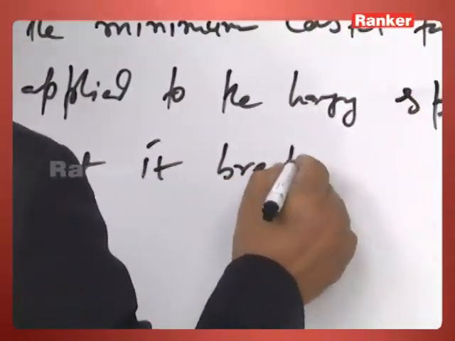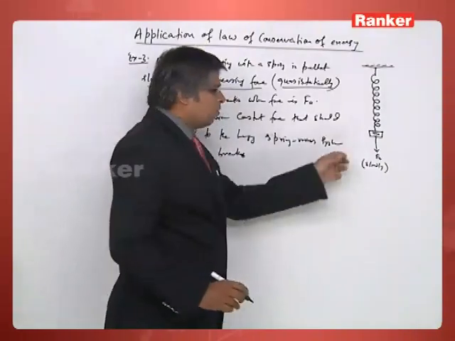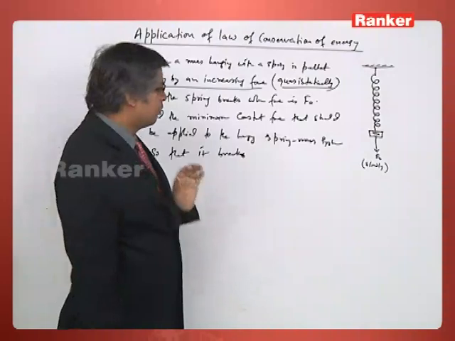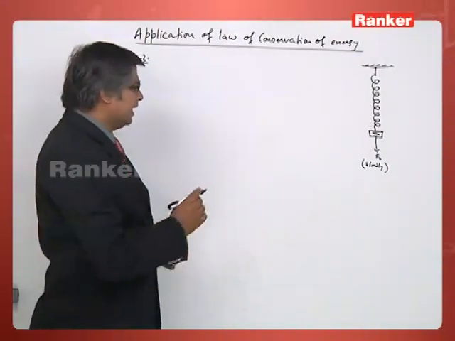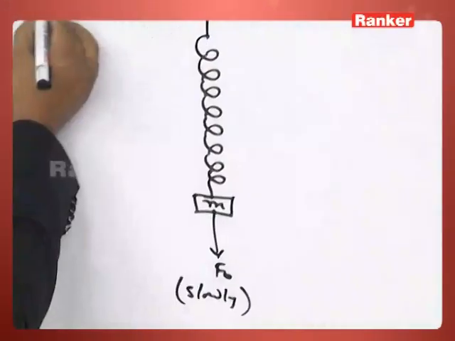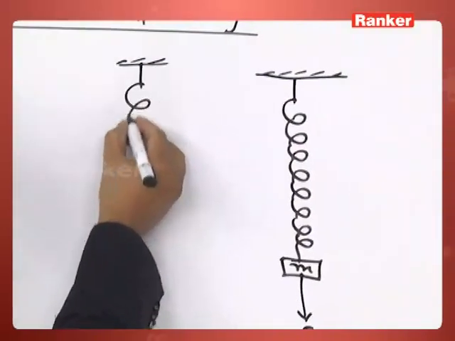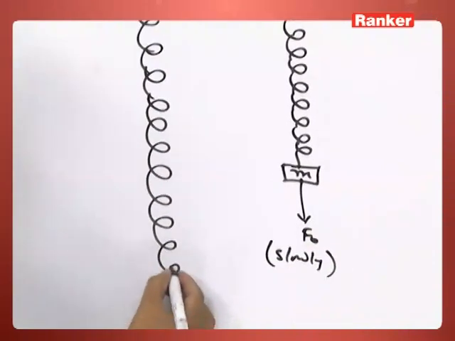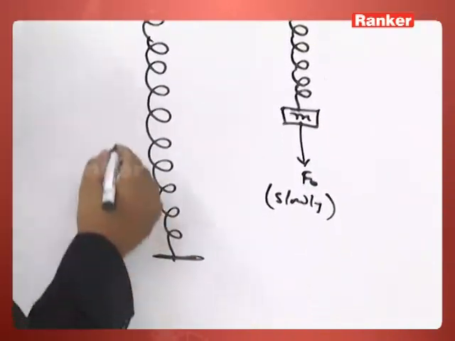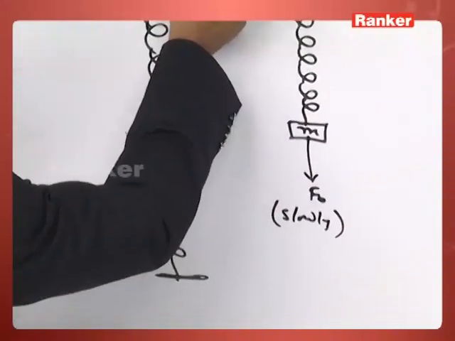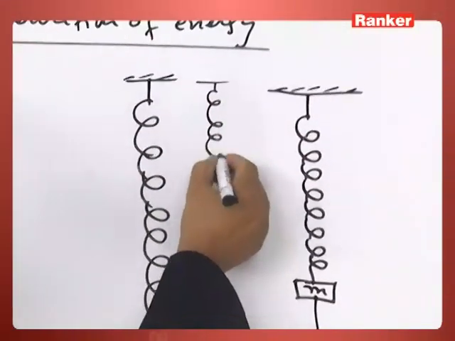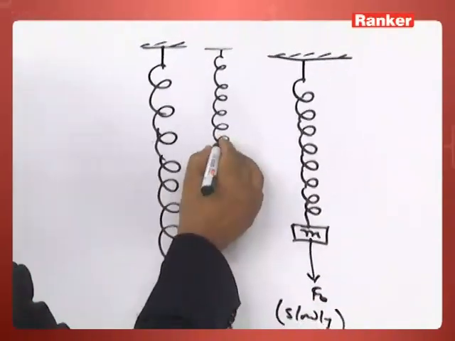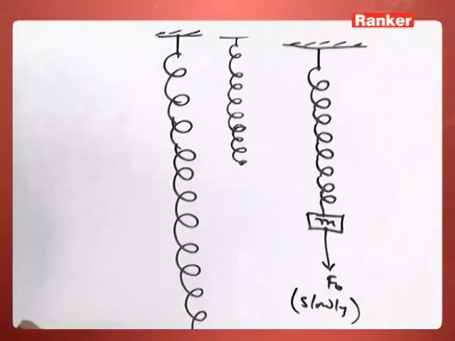So in order to break, what is the minimum constant force that has to be applied? This is our point. Now, you see, I have to apply this slowly. So let us see what happens. When I apply it slowly, it breaks after reaching this. So you see, this is the natural length of the spring.